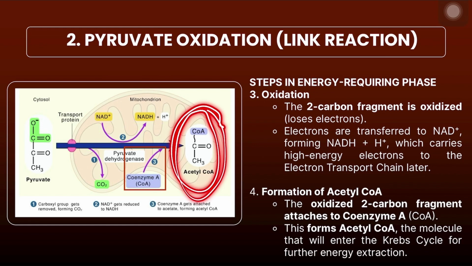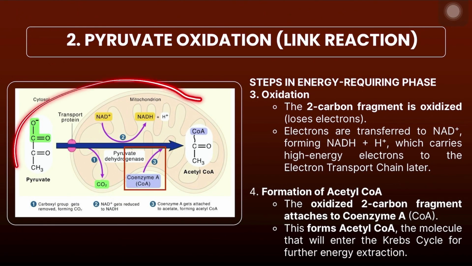This acetyl-CoA is the key molecule that will enter the Krebs cycle, where the majority of the ATP producing reactions take place. This is why the pyruvate oxidation is called the link reaction, because it connects the products of glycolysis to the energy harvesting steps of the Krebs cycle.